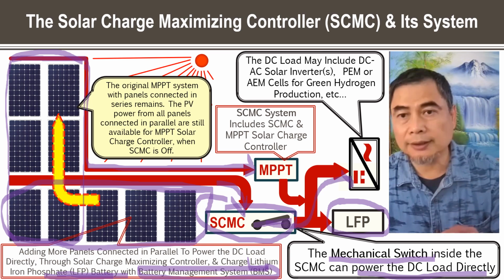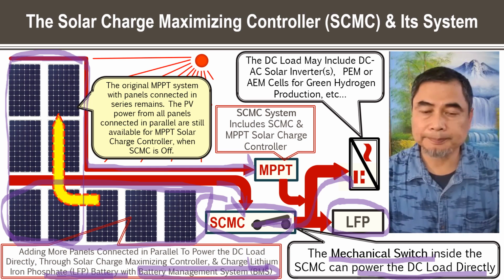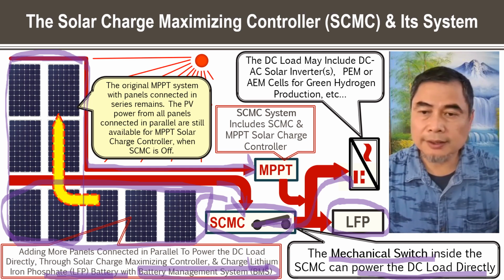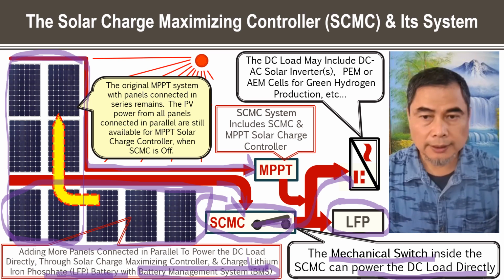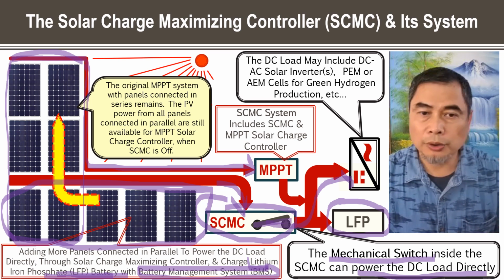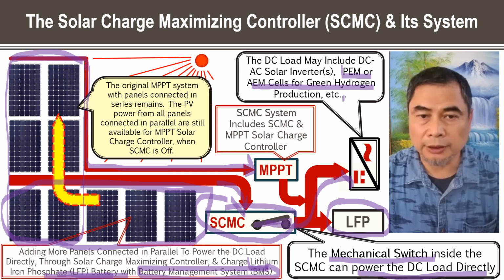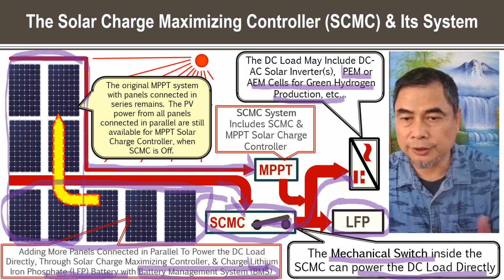And that DC node is not just limited to DC-AC inverters. That DC load can actually power PEM cells or AEM cells for green hydrogen production as well, any kind of DC load.